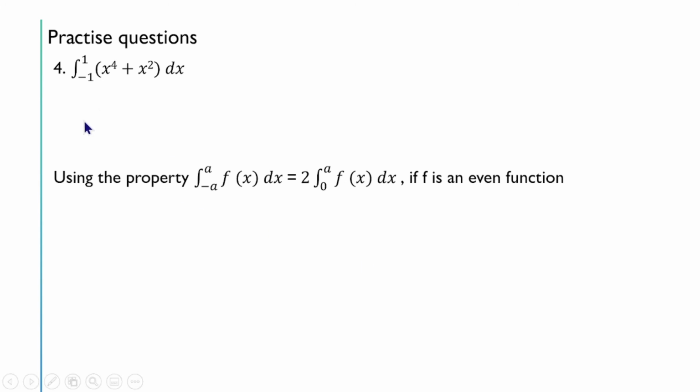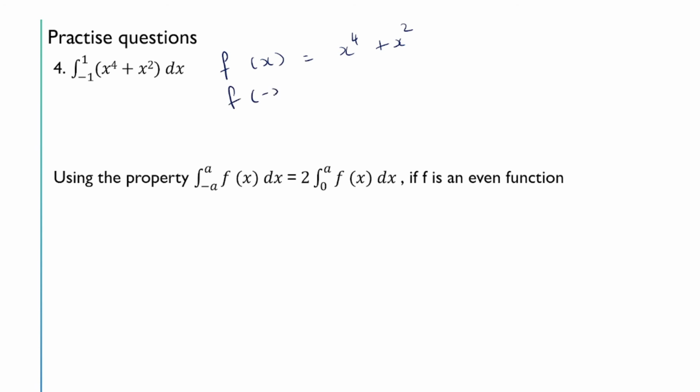The next question, integral minus 1 to 1 of x raised to 4 plus x square into dx. So if we consider this as f of x, f of x is equal to x raised to 4 plus x square.